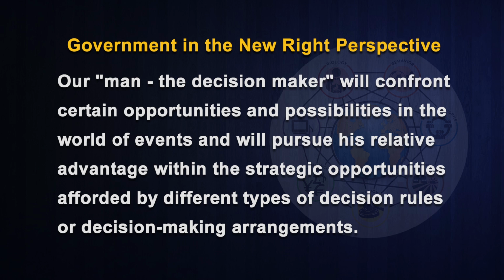Our man, that is a decision maker, will confront certain opportunities and possibilities in the world of events and will pursue his relative advantage within the strategic opportunities afforded by different types of decision rules or decision making arrangements. The consequences are evaluated by whether or not the outcome is consistent with the efficiency criterion.